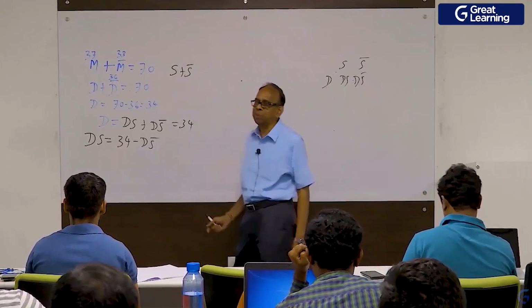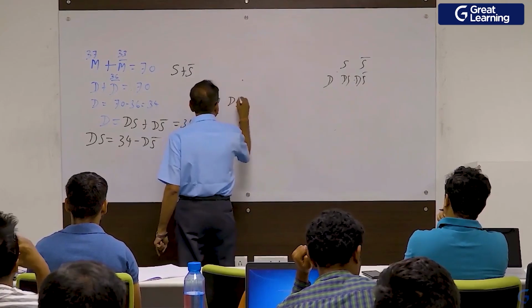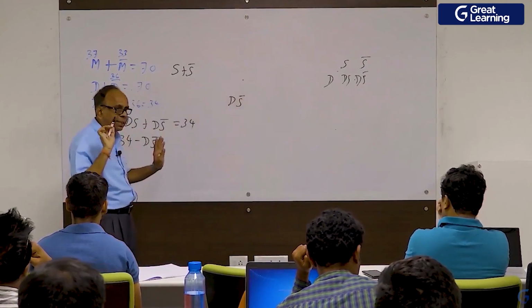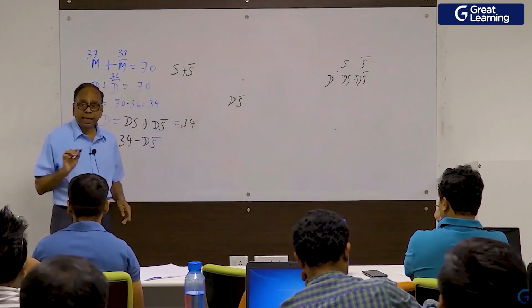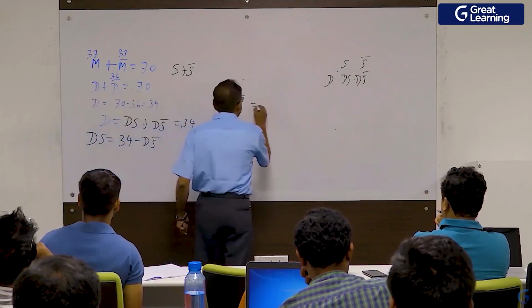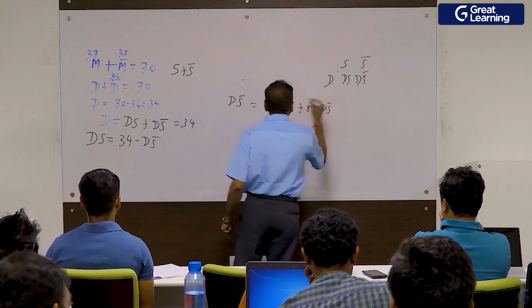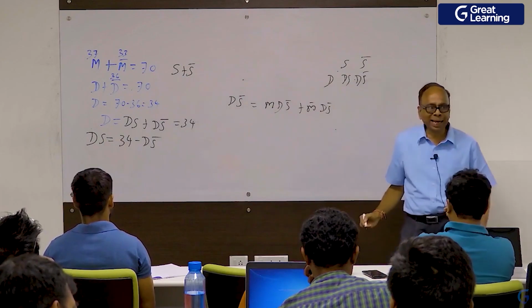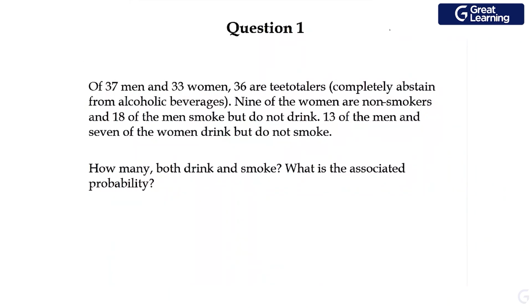Now what is this DS bar? Listen, one minute. This drink and not smoke, DS bar, which I want to solve, can be among the men and the women. So DS bar is equal to MDS bar plus M bar DS bar. Now look at the question: 13 of the men and 7 of the women drink but do not smoke.